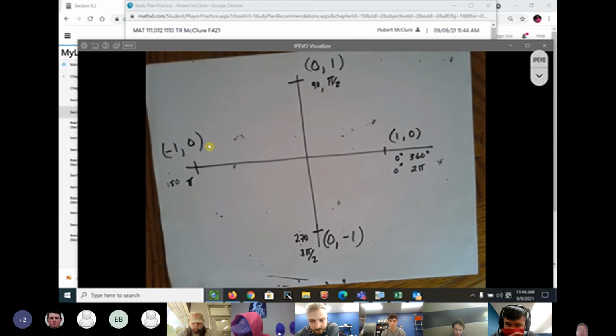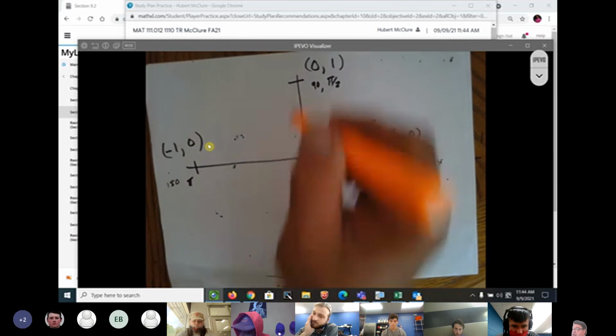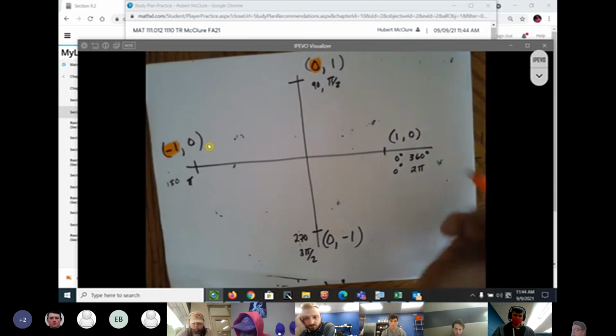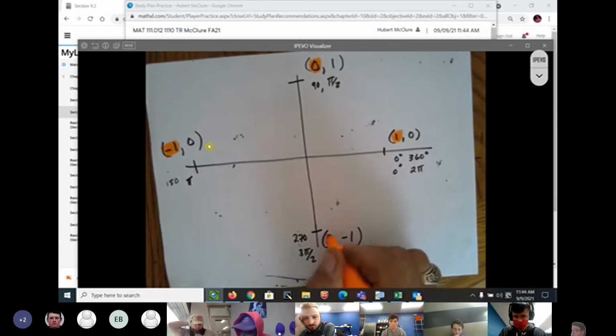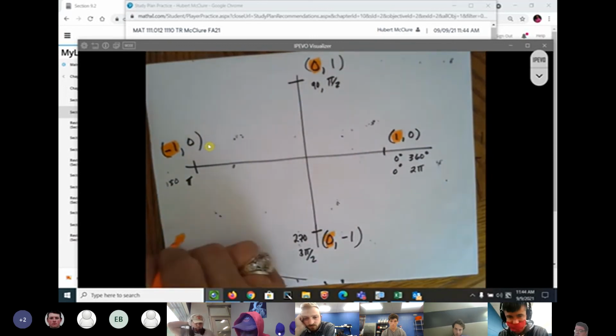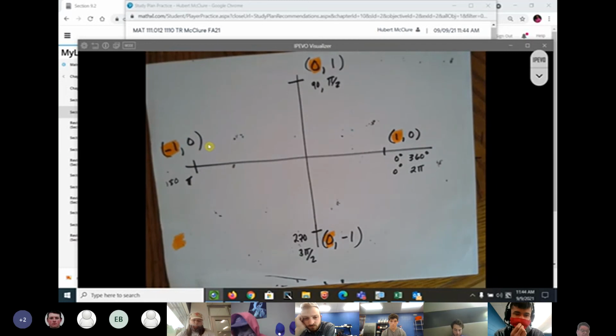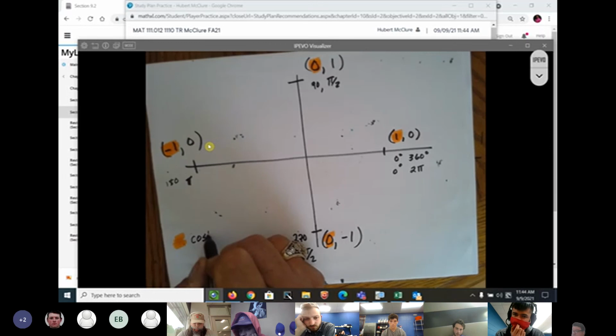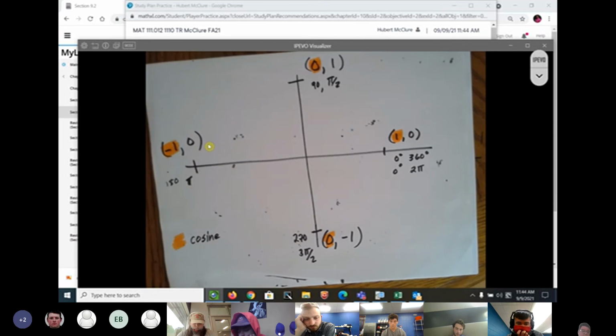Now, what I've just given you is the cosine and the sine. So I want you to make a note of that right now. I'm going to highlight the cosine in orange. That's the cosine. And you'll see this later. I'm going ahead and showing you right now. And the green is the sine.